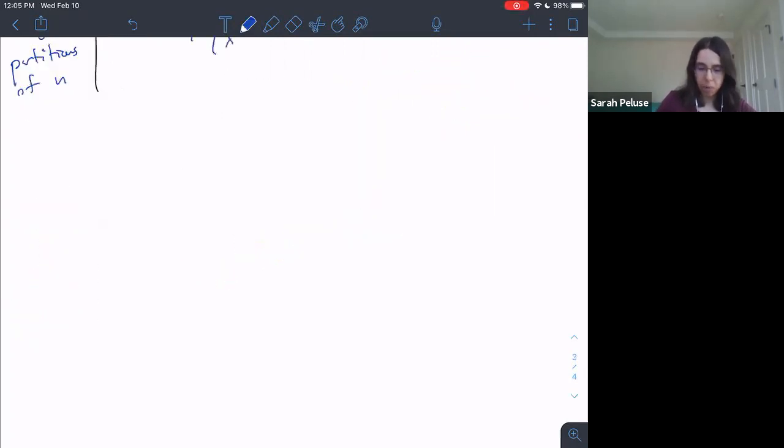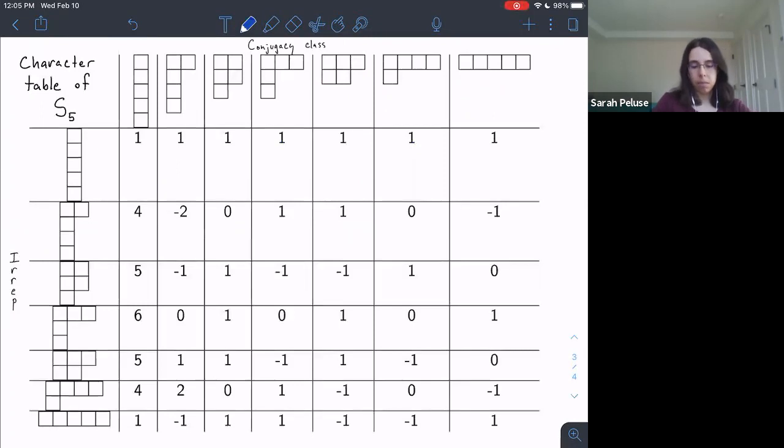Here's an example of a character table of a symmetric group, S5. I've labeled the conjugacy classes with the corresponding partitions' Young diagrams, and the same with the irreducible representations. This first column is the identity permutation, so it gives you the dimension of the irreducible representation, or the degree of the character. And we have all the other columns.